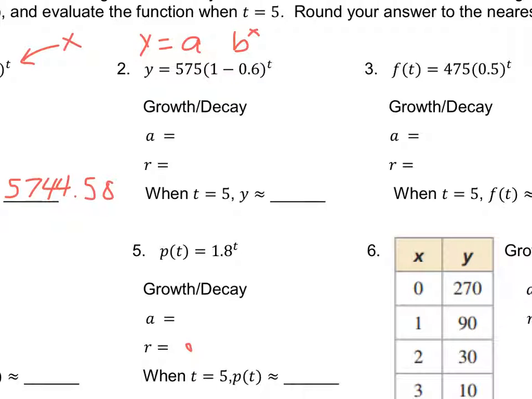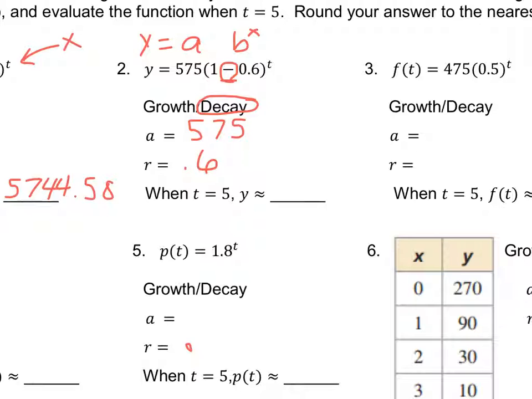So there's our formula. Our a in this case is 575. Our b, not really looking at our b, but our rate, the thing that we're subtracting from 1, is 0.6. And since we are subtracting, it's going to be a decay.